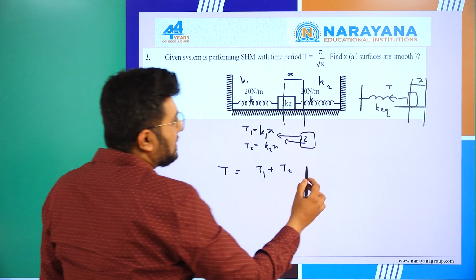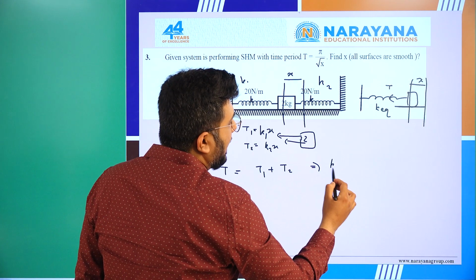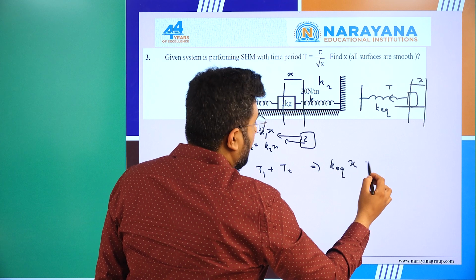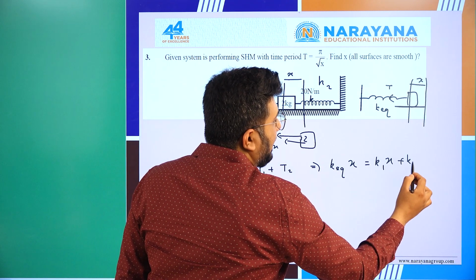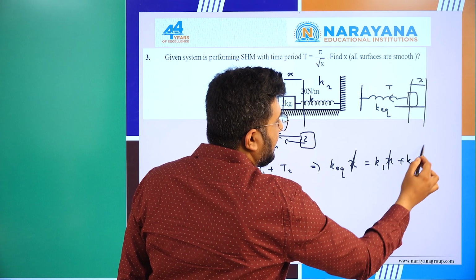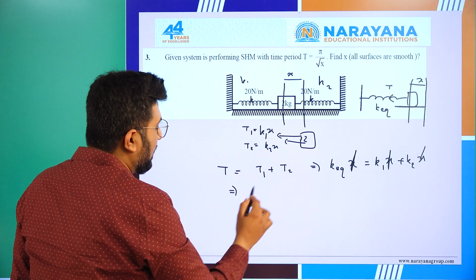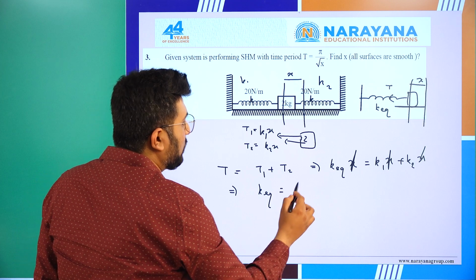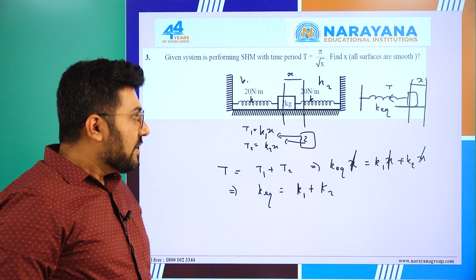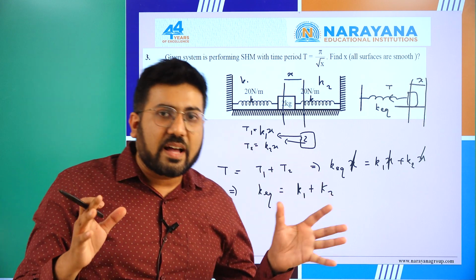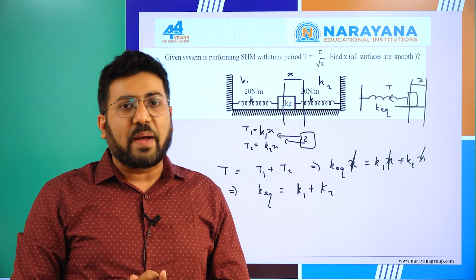So if T equals T1 plus T2, which implies K equivalent into x equals K1x plus K2x. x cancelled, which implies K equivalent equals K1 plus K2. Fine. So basically these two springs are behaving like they are in parallel.